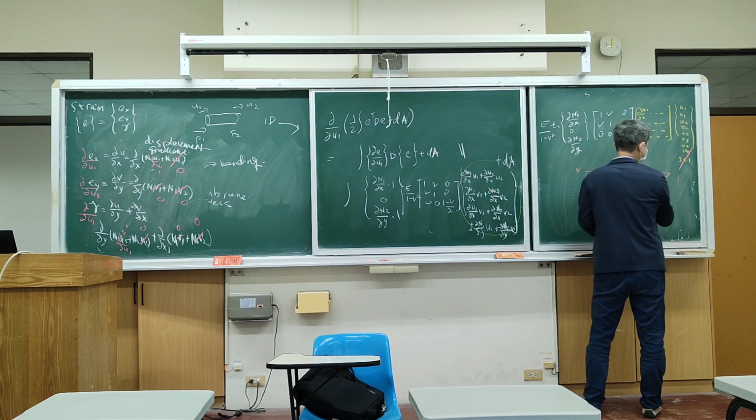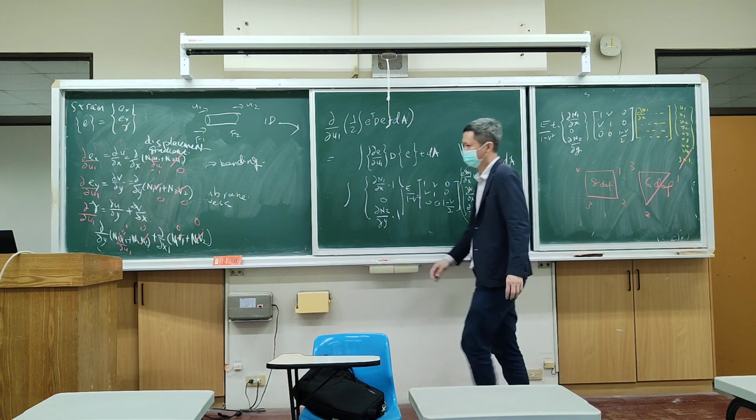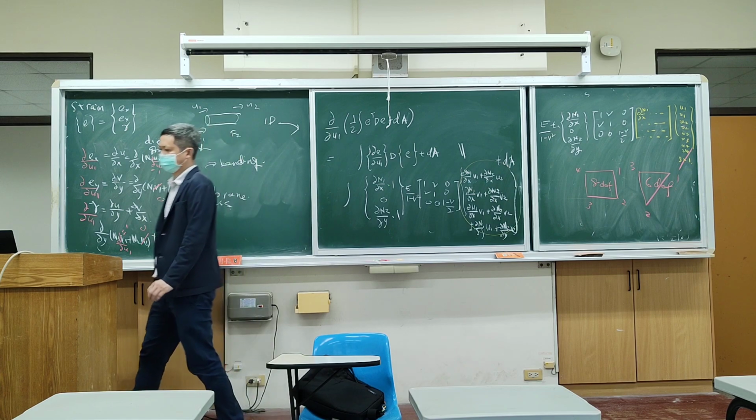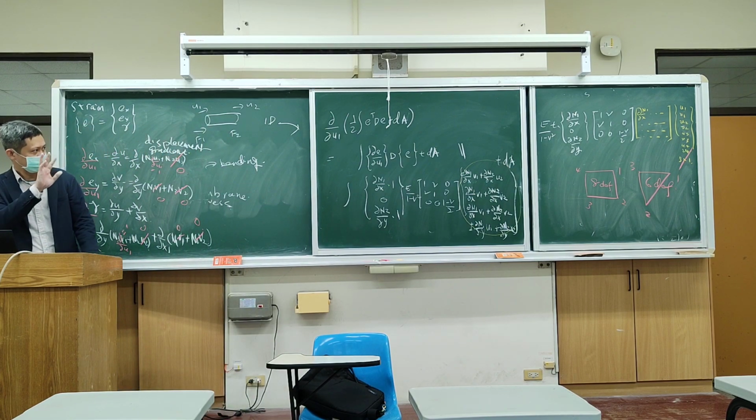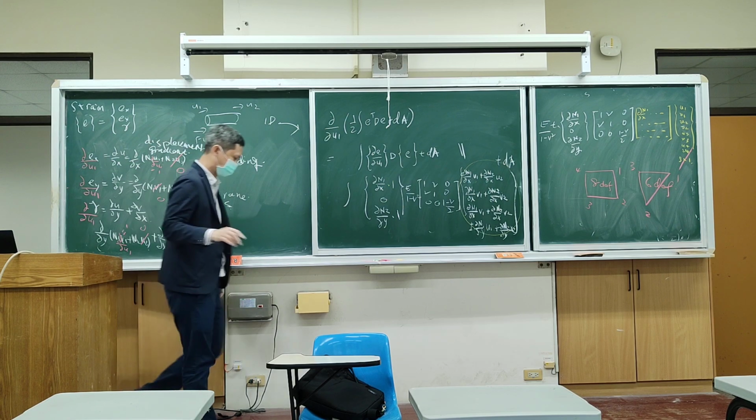If you are talking about 3 nodes, then you have 6 degrees of freedom. 这个暂时不展开。So we don't expand it yet.